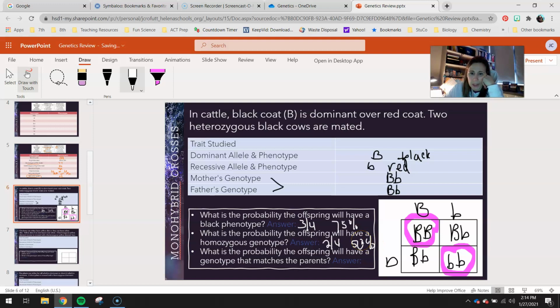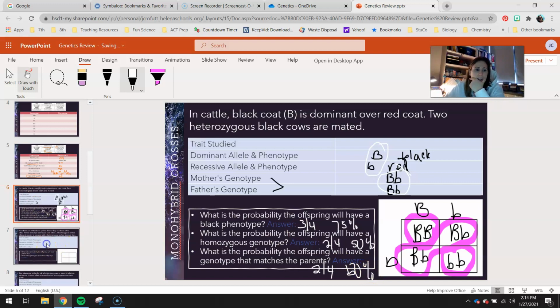And then, what is the probability offspring will have a genotype that matches the parents? Remember that the genotype for the parents is big B, little b. Of the offspring, which ones have that same genotype? Again, you have 2 out of 4, or 50%. Either one of those answers would work.